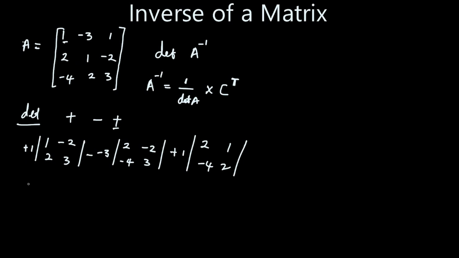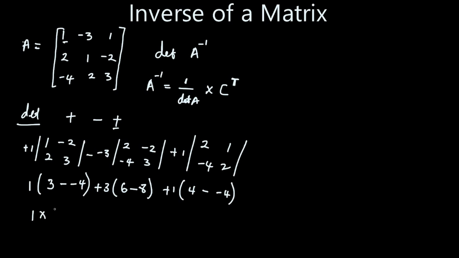We solve this further. We'll have 1 into 3 times 1, which is 3, minus minus 4. Then minus minus 3 will be a plus 3 into 3 times 2, which is 6, minus 8. Then plus 1 into 2 times 2, which is 4, minus 4. And we'll have here 1 times 4 minus 3 minus 4 is a 7.